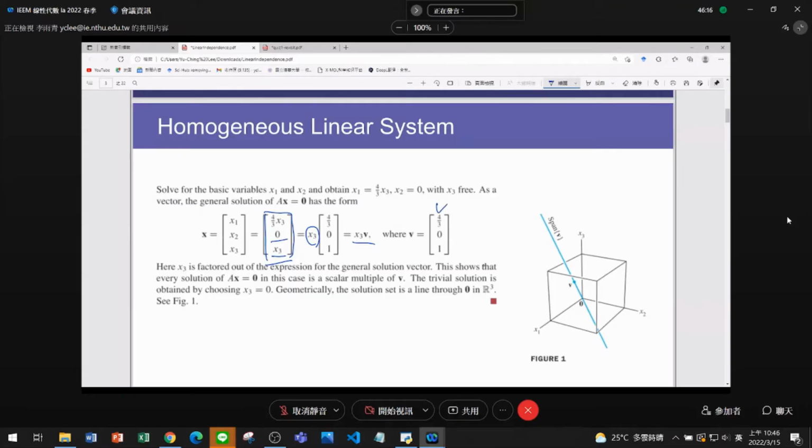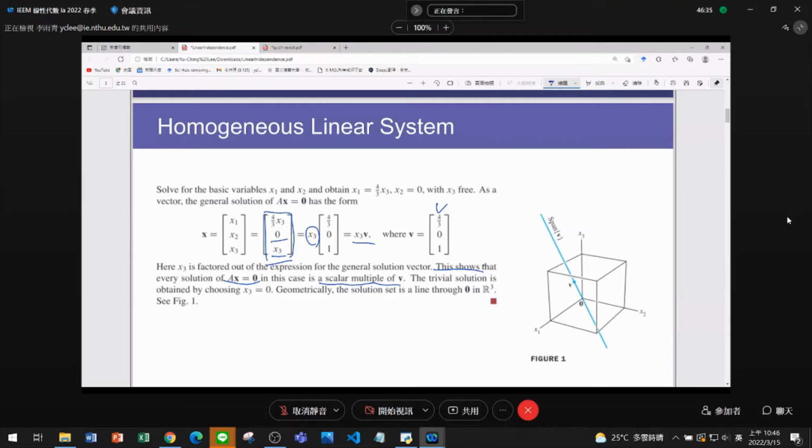And here x3 is factored out of the expression, 就是把 x3 提到 vector 的外面。This shows that every solution of Ax equals 0, in this case, is a scalar multiple of this vector v.